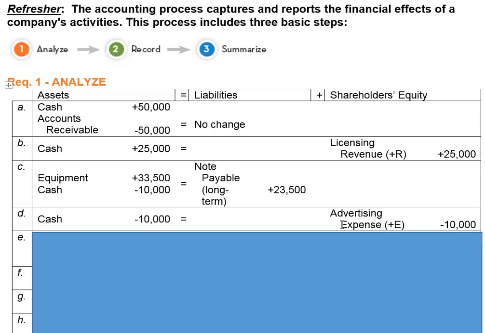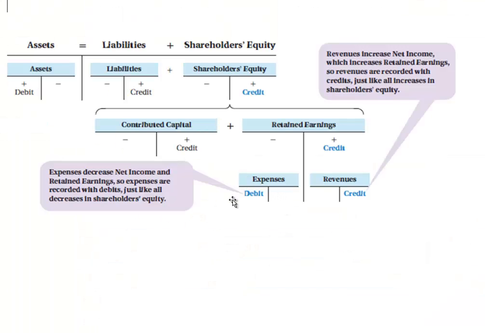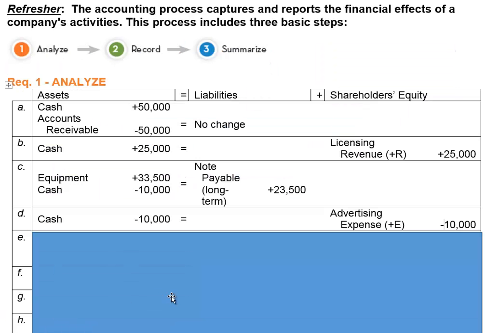We incurred that expense in January 2014, so we want to record it as an expense of that period. So when your expenses go up, that means your shareholders' equity goes down, right? So again, when your expenses go up, your shareholders' equity goes down. All right? So our accounting equation is in balance.